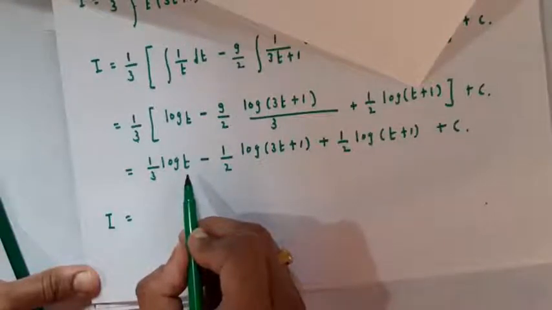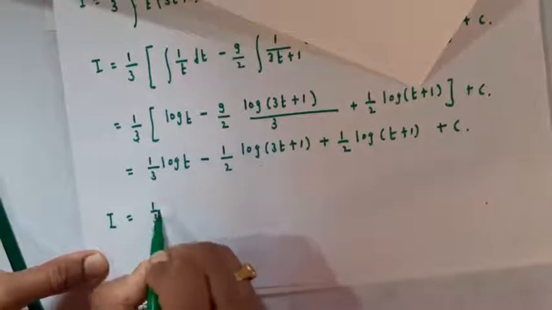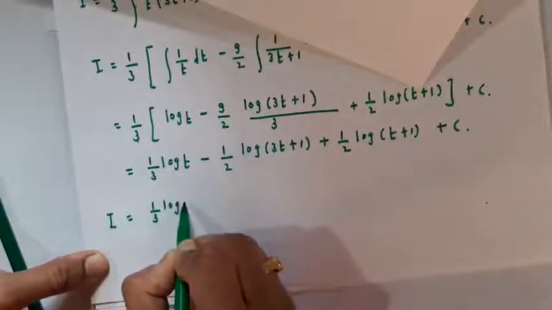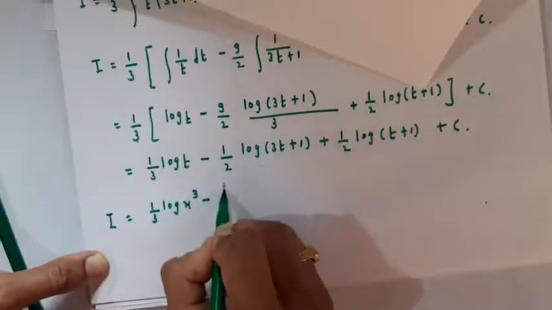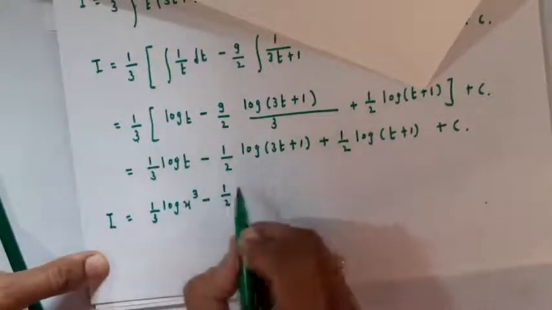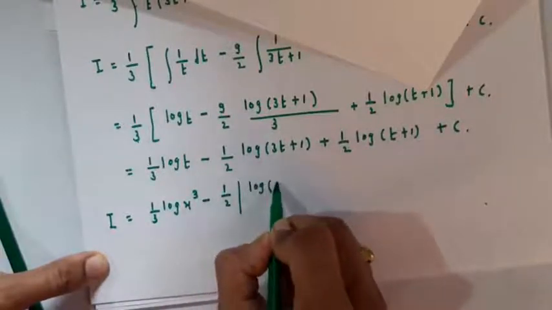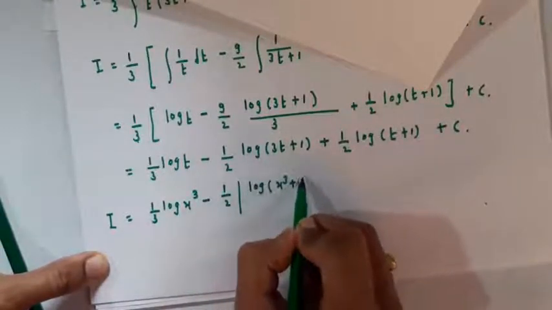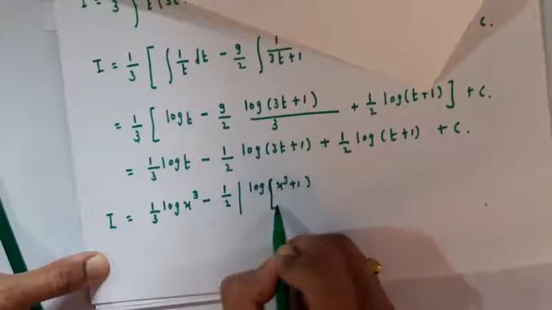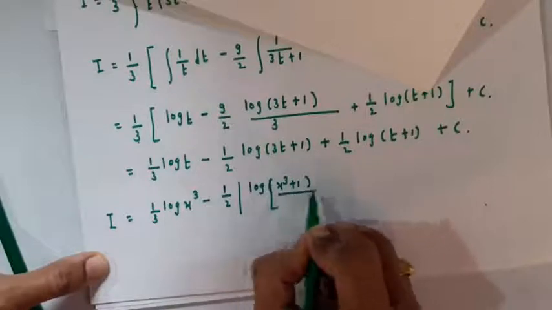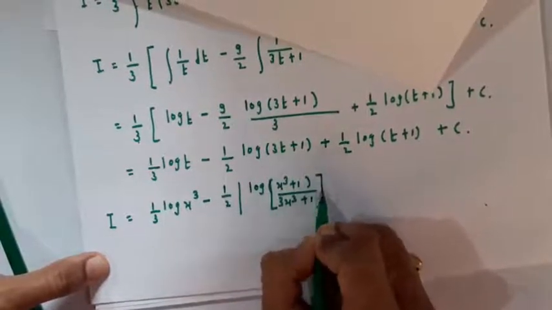We have substituted that x cube equals t, and therefore 1 by 3 log of x raised to 3 minus, take 1 by 2 as common out, and by using rules of logarithm we can write log of x cube plus 1 upon 3x cube plus 1.